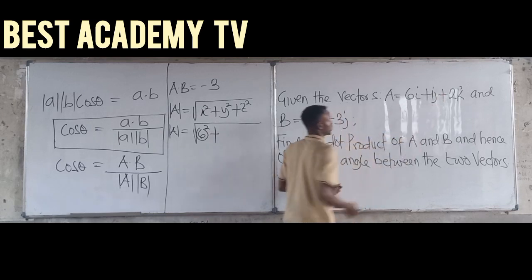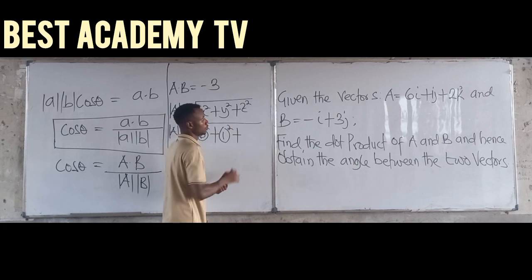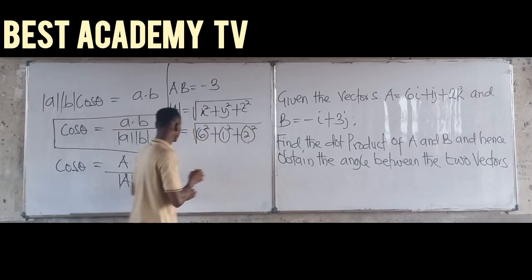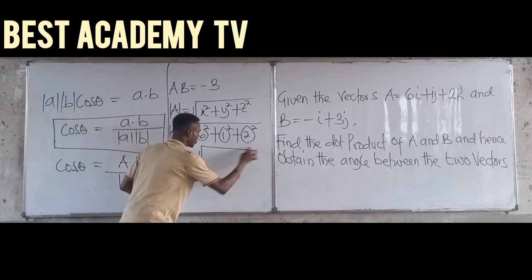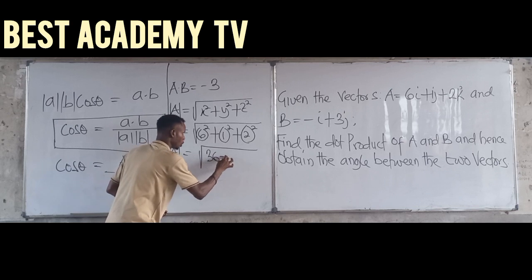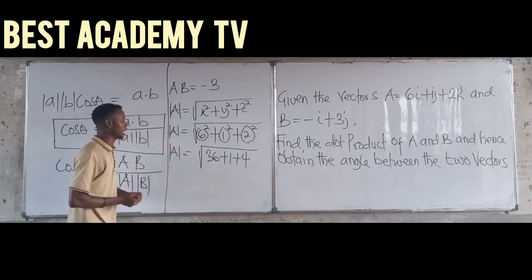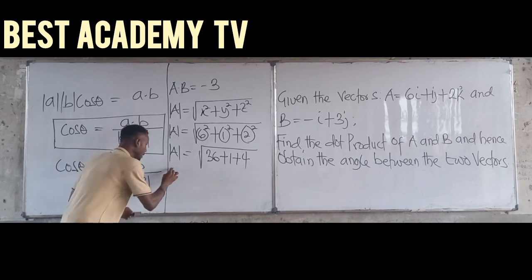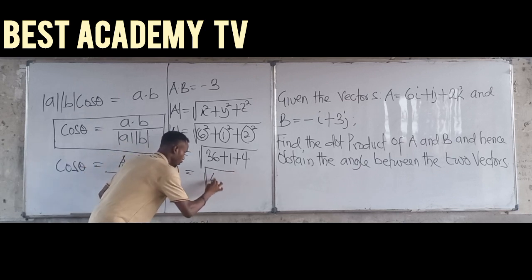We only take the values here. That is 1 all squared plus, what is our z here? That is 2 all squared. So our A magnitude will be equal to square root of 36 plus 1 plus 4. So altogether the answer here is 41. Please take note. So our A magnitude here is said to be square root of 41.